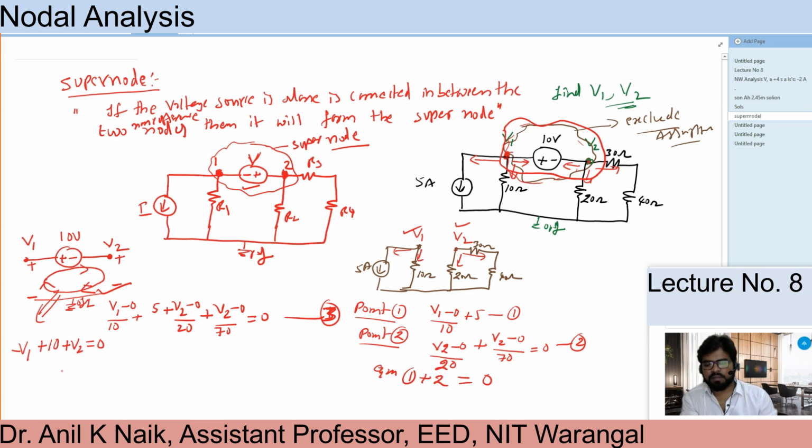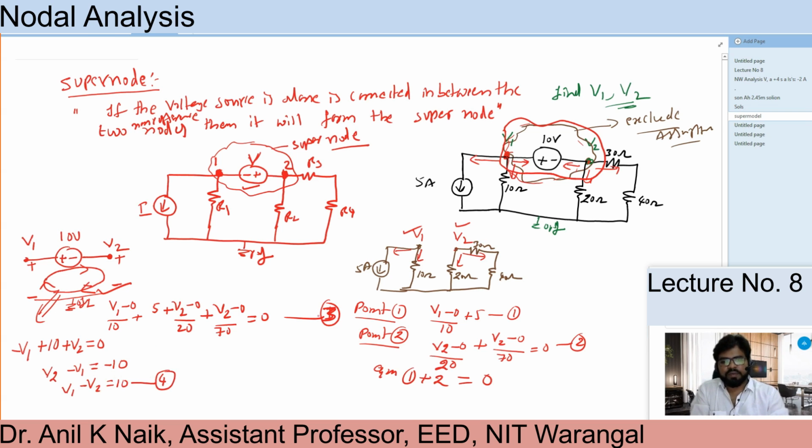This is what I am writing. So this can also be written as V2 minus V1 is equal to minus 10, or V1 minus V2 equal to 10. So this is the fourth equation I'm going to get.